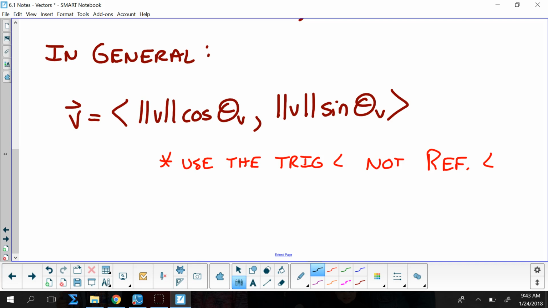If we would have done 6 cosine of 135 degrees on our calculator, we would have gotten directly to negative 4.243. 6 times the sine of 135 degrees would have gotten us positive 4.243. So we go directly to what our vector is. Okay? Very important.